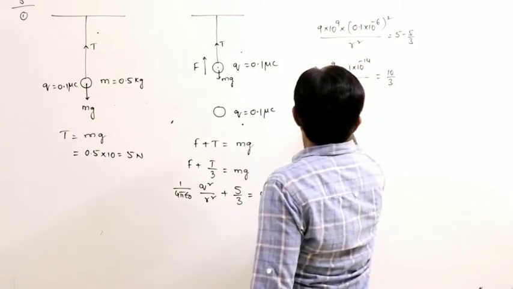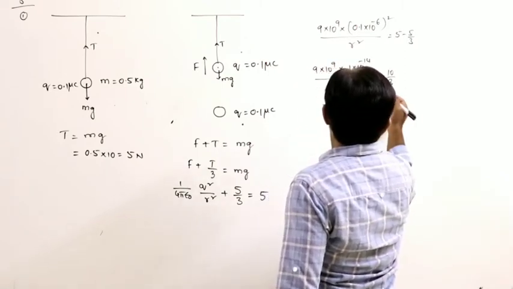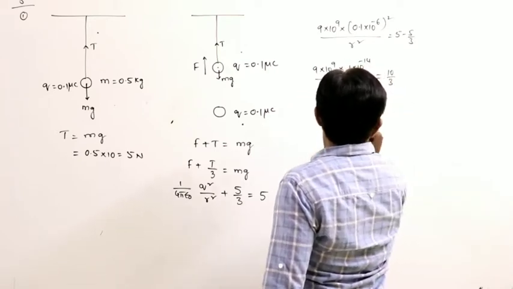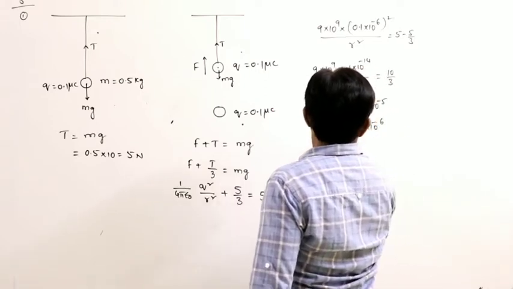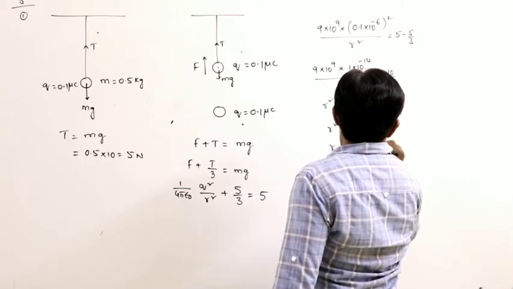So from this, r square equals 27/10 into 10 to the power of minus 5. So that is 27 into 10 to the power of minus 6, and r equals root of 27 into 10 to the power of minus 3.